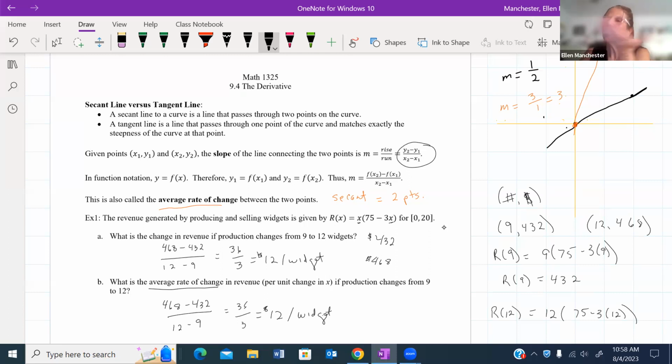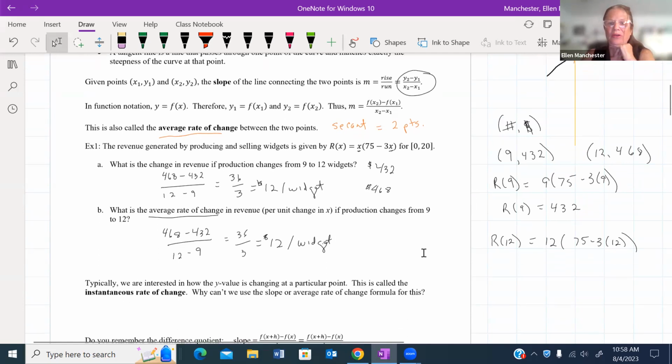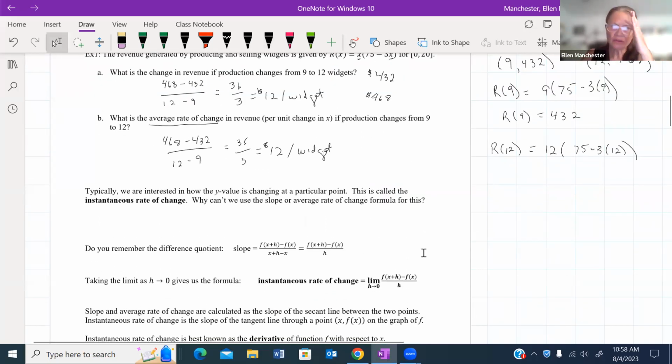Okay, so again, all we're doing is using slope. Now that is average rate of change. In calculus, we're looking for instantaneous rate of change. So instantaneous means now we're talking about a tangent line.